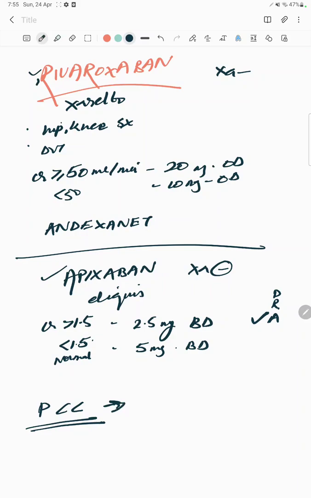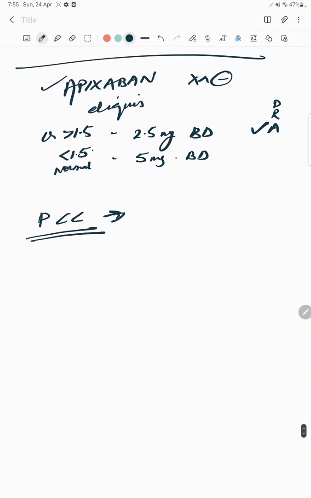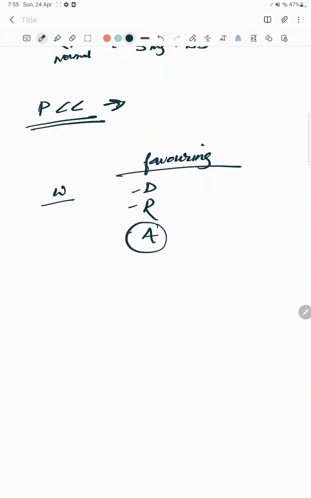I think I have covered all the oral anticoagulants in detail: Warfarin, then Dabigatran, Rivaroxaban and Apixaban. These are now usually favored because of the dosing and the lack of requirement for INR monitoring, and among these, Apixaban is a little bit favored.